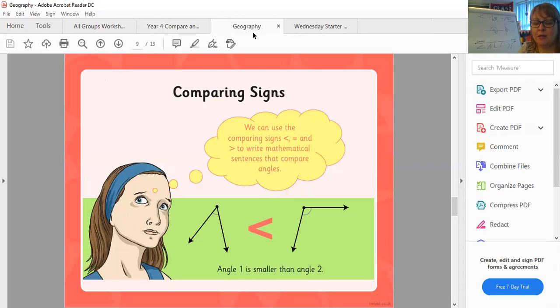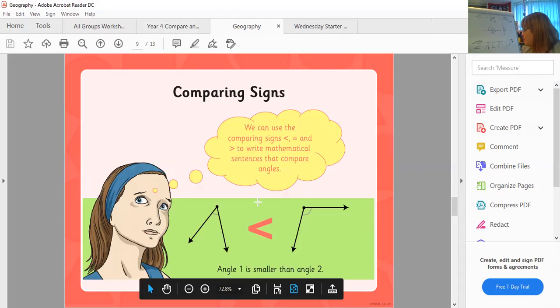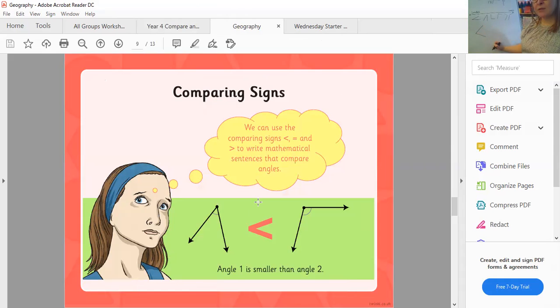Right. So sometimes, like I did at the top, we're going to use those compare signs. So if you remember that this compare sign here means that what's on this side is bigger than what's on this side. If you drew it the other way around, what is on this side is bigger than what's on this side.